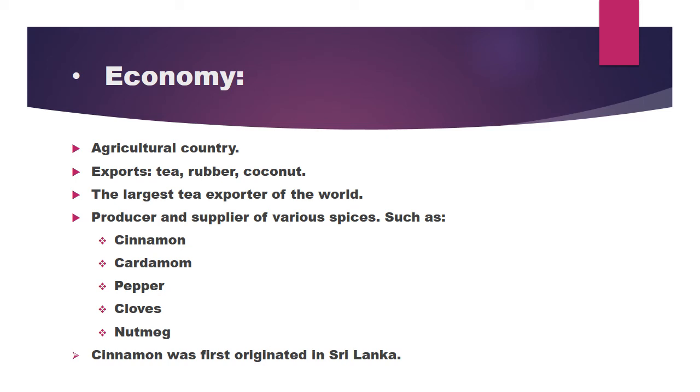The spices Sri Lanka produces and supplies are cinnamon, cardamom, pepper, cloves, nutmeg, etc. Among these spices, cinnamon first originated in Sri Lanka and it was later introduced to the world by Arab merchants.